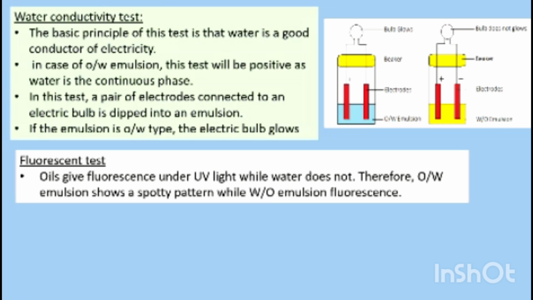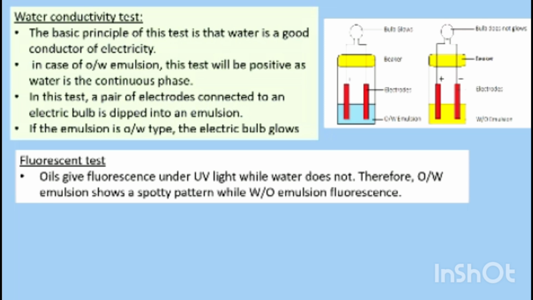If the bulb glows, then it will obviously be oil in water emulsion, as water is a good conductor of electricity. But if the sample is water in oil type of emulsion, then the bulb will not glow, as oil cannot conduct electricity.